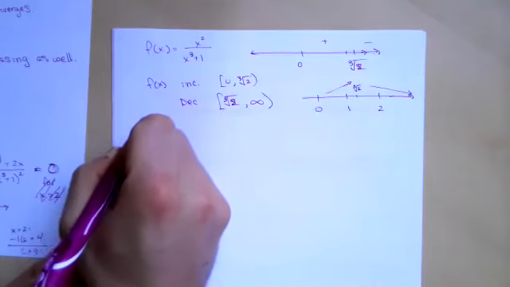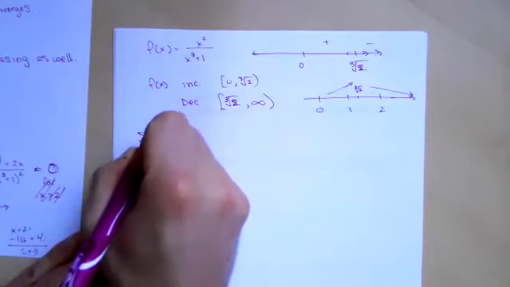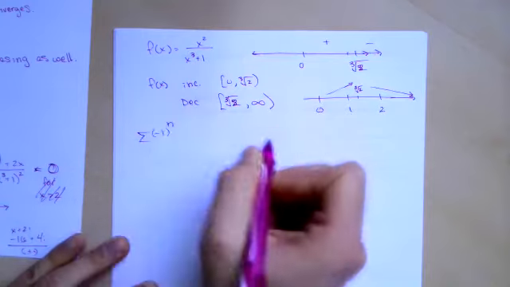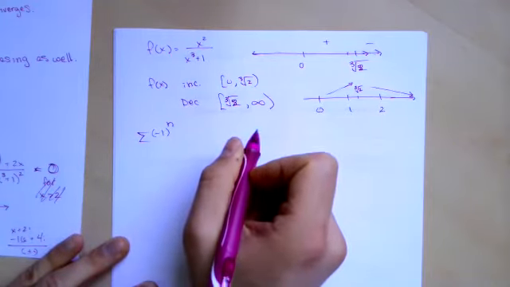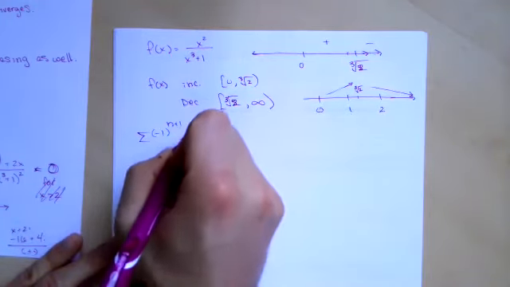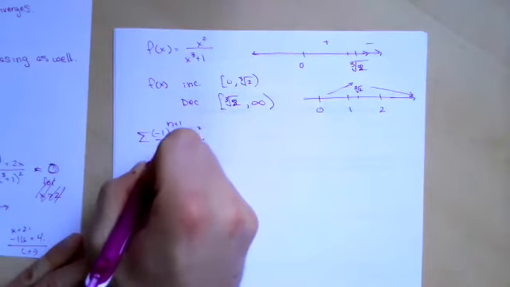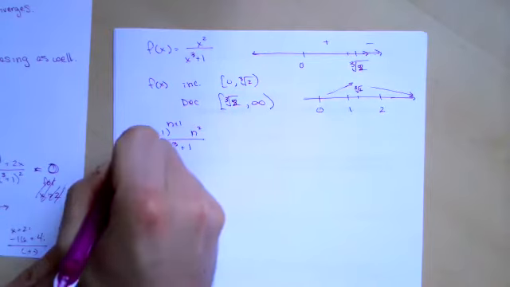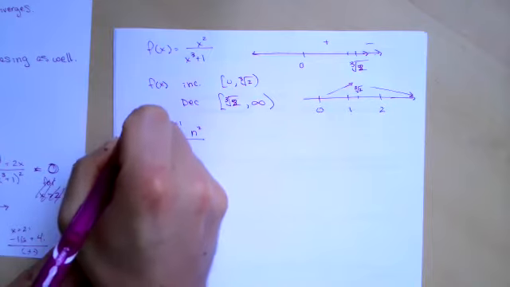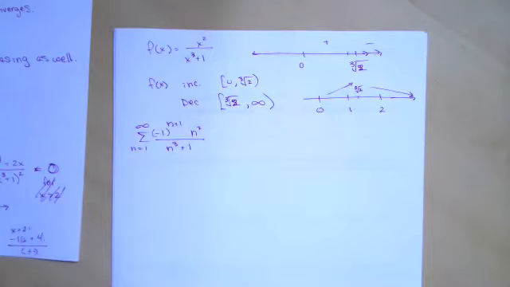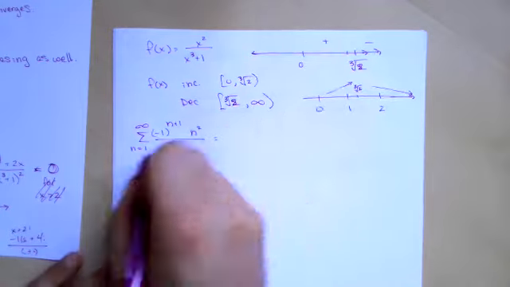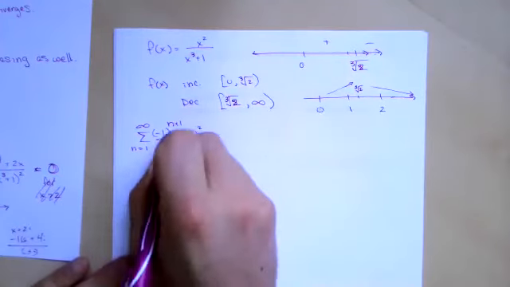Let's write this out. So we're considering this series, negative 1 to the n plus 1, and we had that shifted over, n squared over n cubed plus 1. We're considering this guy. Even though we are not necessarily always decreasing, I can leave off the first term. What happens when n equals 1?